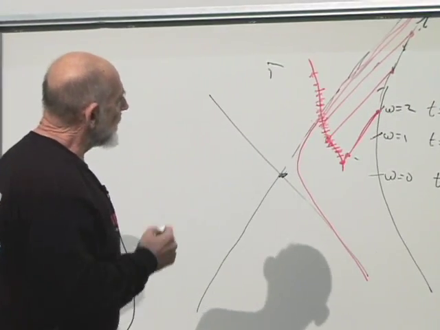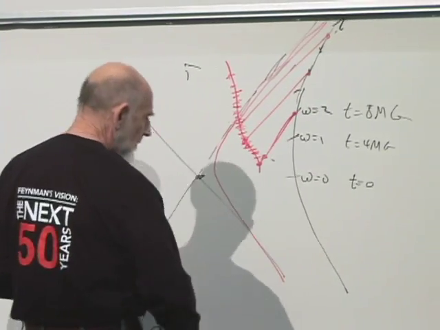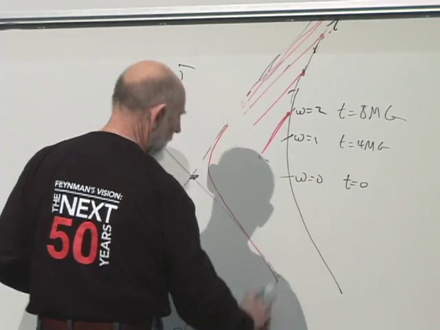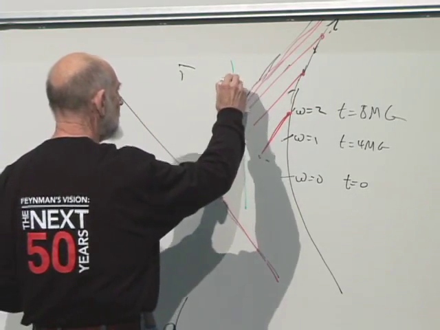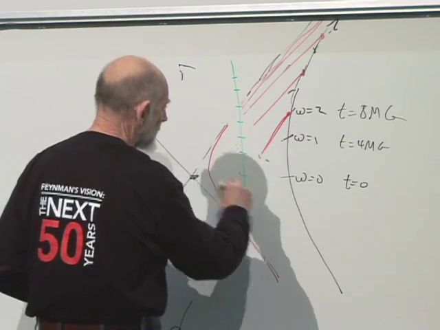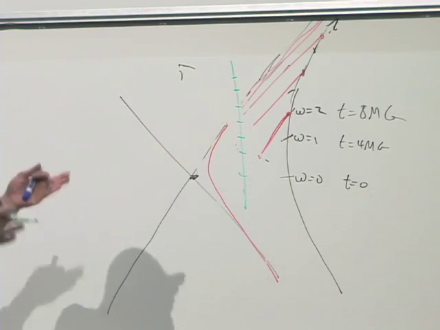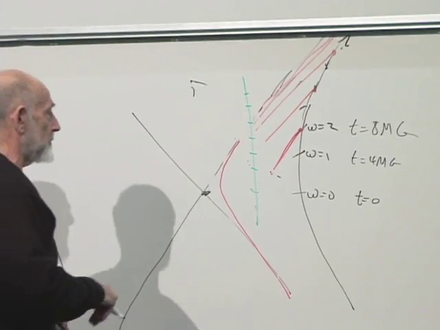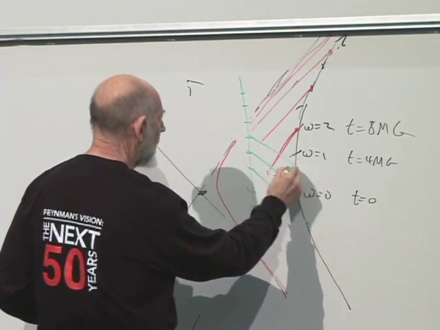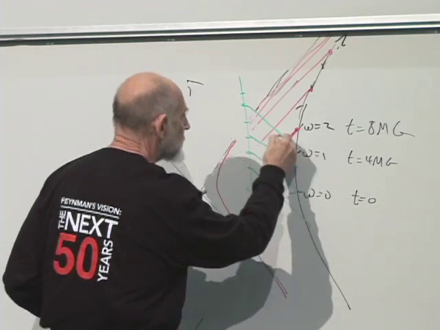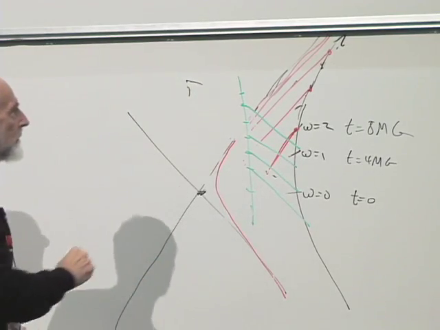How about Alice? What does Alice see? Alice looks back. Let me draw a little cleaner Alice here, now in green. This is Alice's clock. Alice's clock doesn't do anything very special. She looks back and sees Bob. She sees, even after she passes the horizon, she sees Bob.